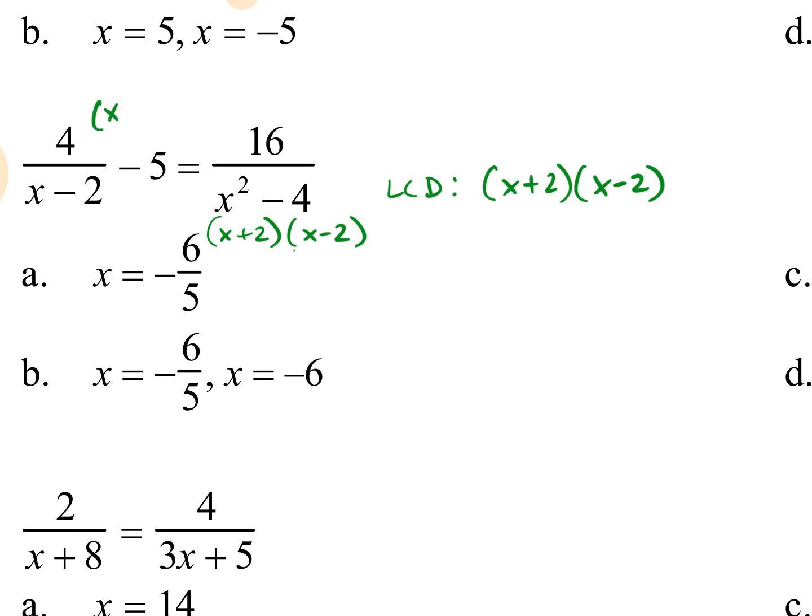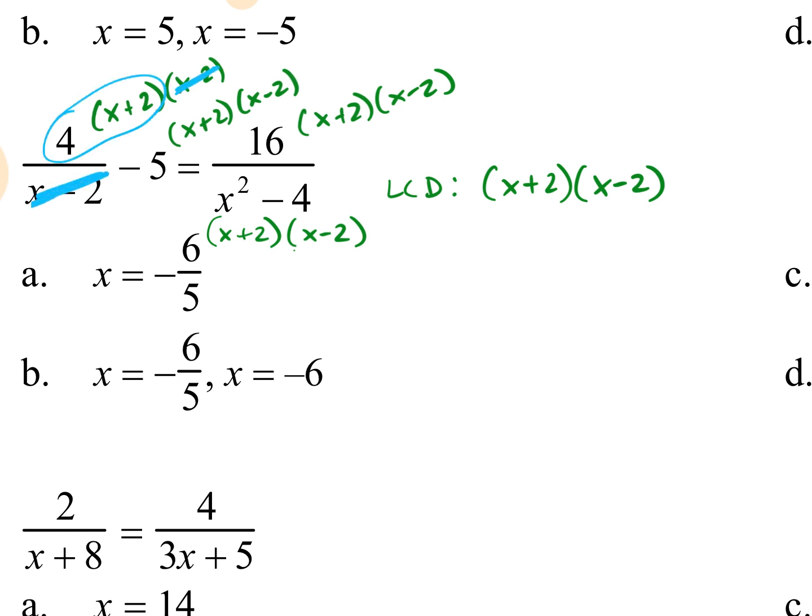So if it's already in the denominator, it cancels out. We don't multiply that. So here we just have 4 times x plus 2.